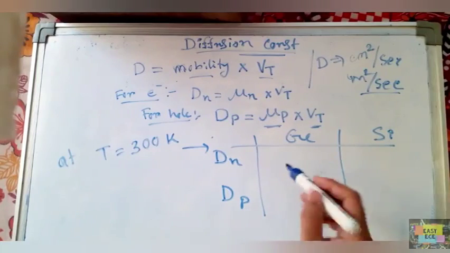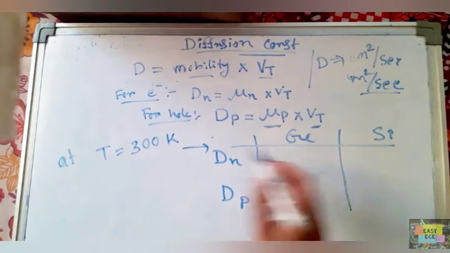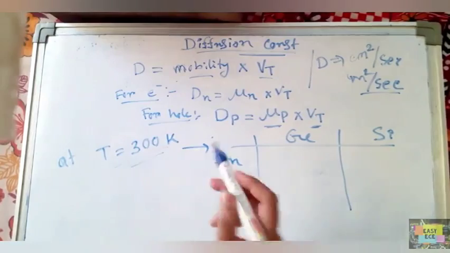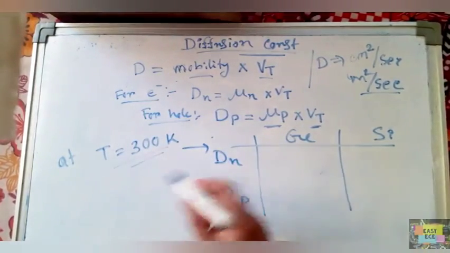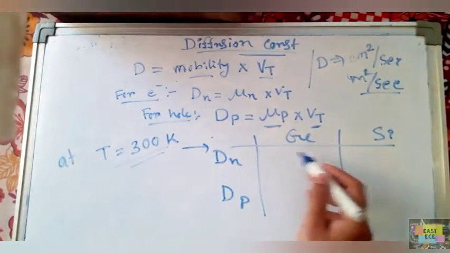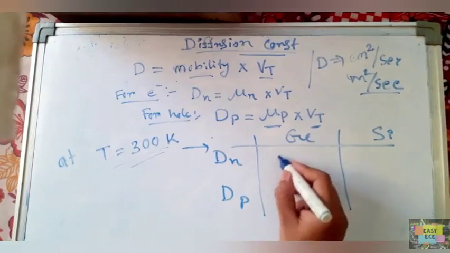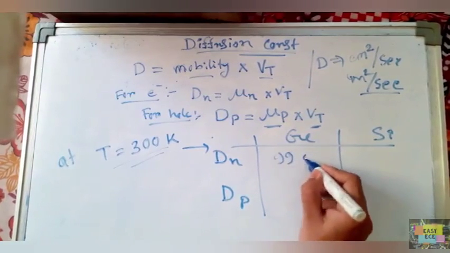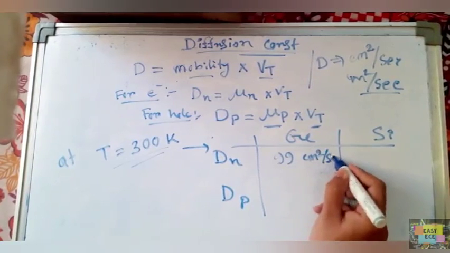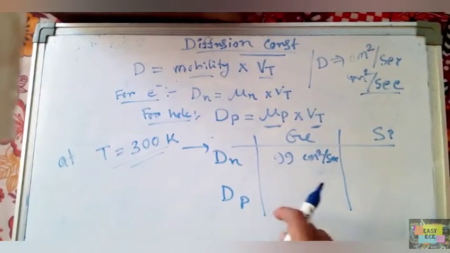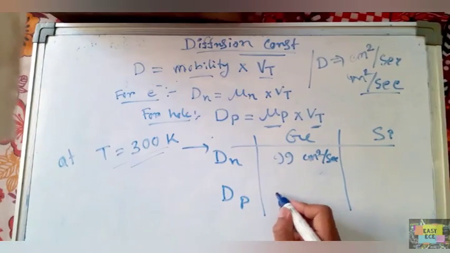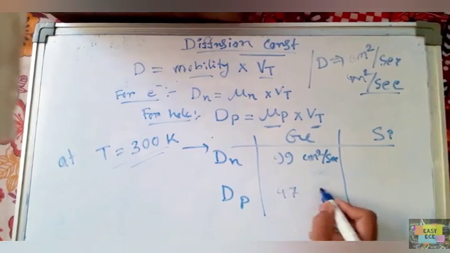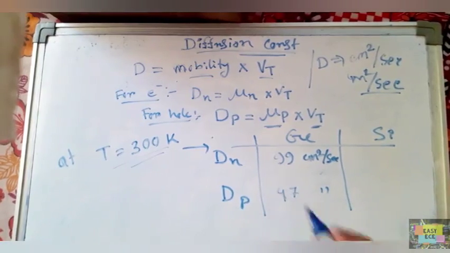So this is the value of Dn for germanium at T equals 300 Kelvin. At T equals 300 Kelvin, the diffusion constant Dn of germanium is 99 centimeter square per second, and Dp of germanium is 47 centimeter square per second.